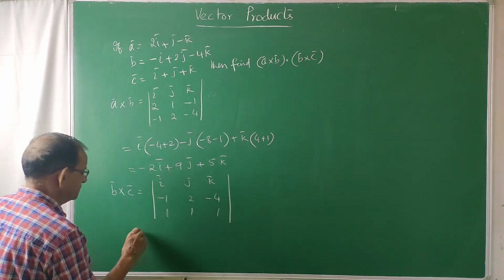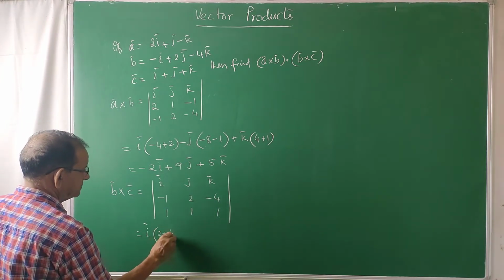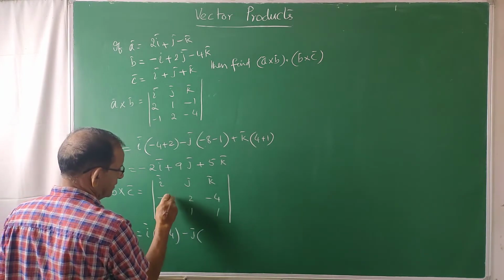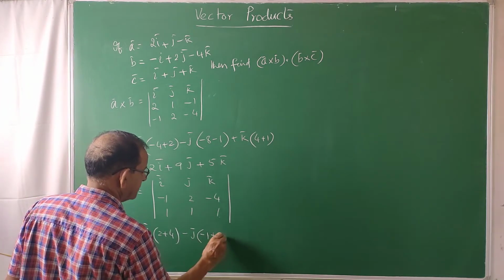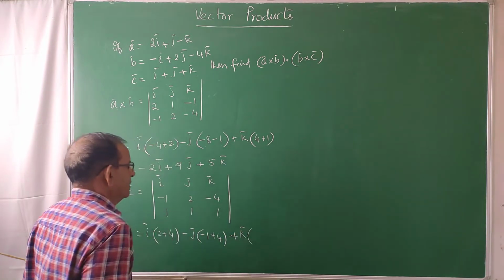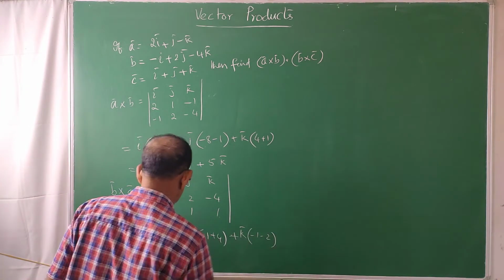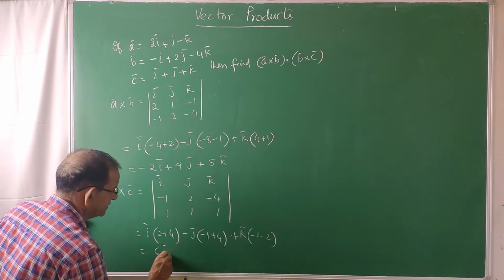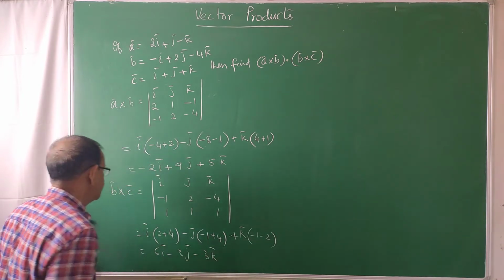So that is I bar into 2 minus minus 4, 2 plus 4, minus J bar into, delete middle row, middle column, first row, middle column, minus 1 minus minus 4 plus 4, plus K bar into minus 1 minus 2. So this is 6 I bar, 4 minus 1 is 3, so minus 3J bar, minus 3K bar. This is B cross C.